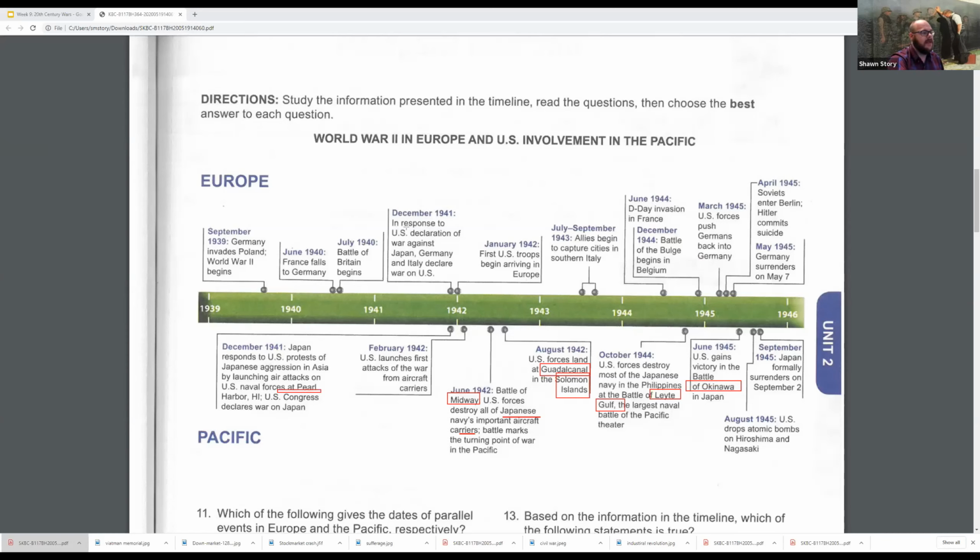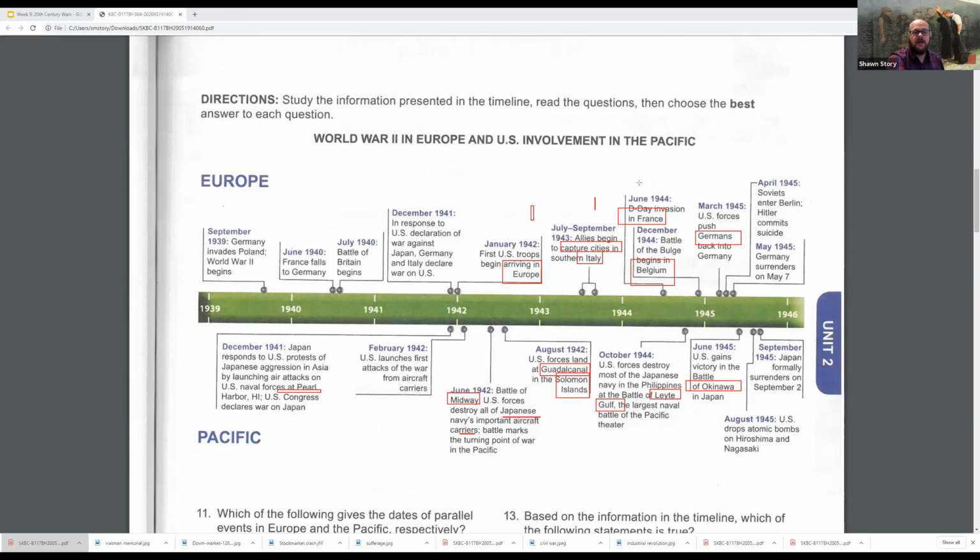Let's look at what was happening in Europe. So here Germany invades Poland, in response to the U.S. declaration of war. U.S. troops arrive in Europe. They start to capture cities in Italy, not Germany. So they go to Italy first. Then they go to France. They go to Belgium. And then they go to Germany. So here's step number 1, they get to Europe.